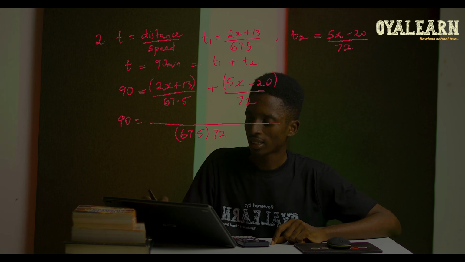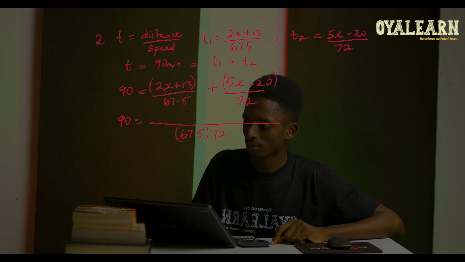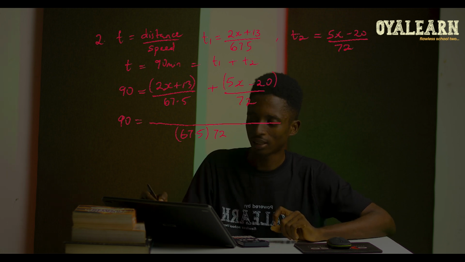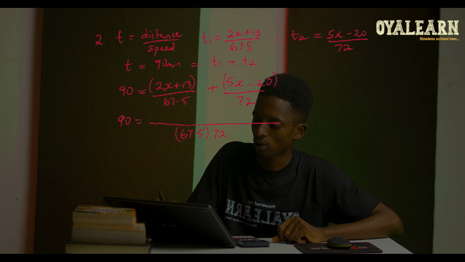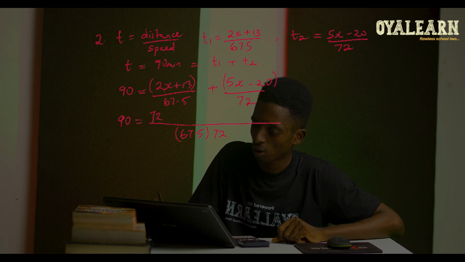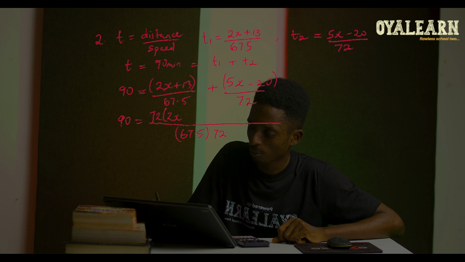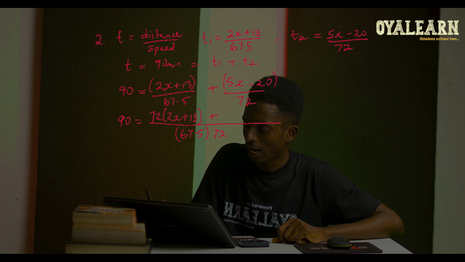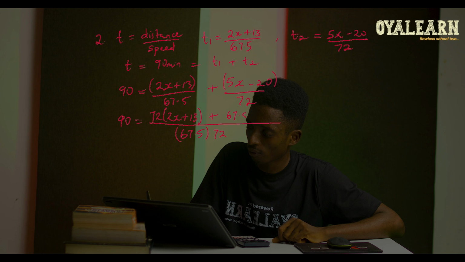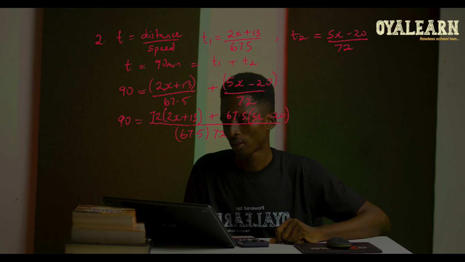The LCM divided by 67.5 would give us 72. So we expand this bracket with it, so we'll have 2x plus 13 here, then the plus sign, and our LCM divided by 72 will give us 67.5, which will go into this bracket 5x minus 20.